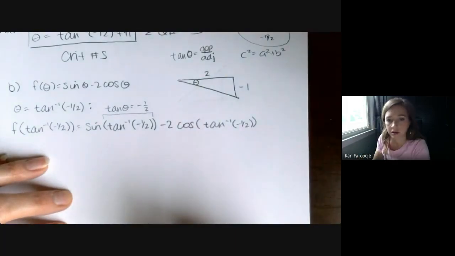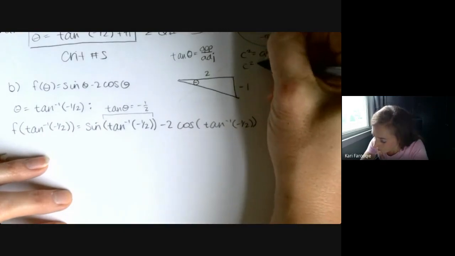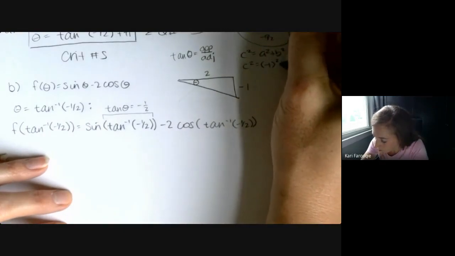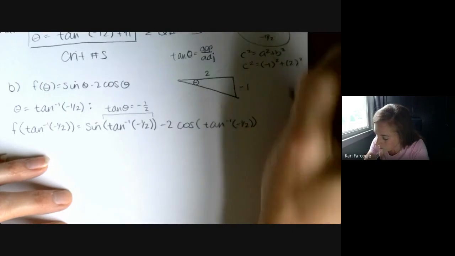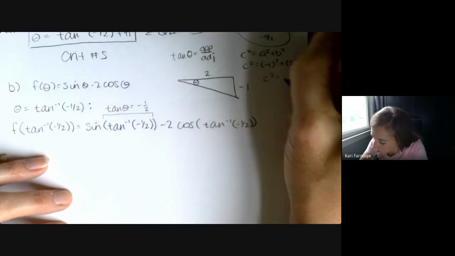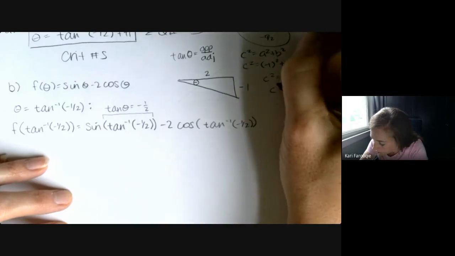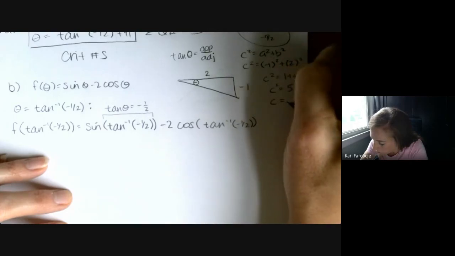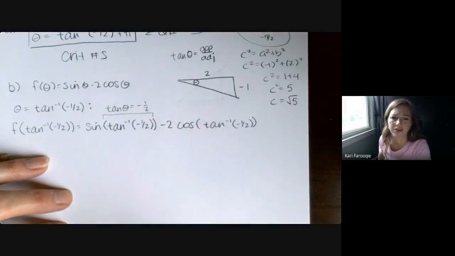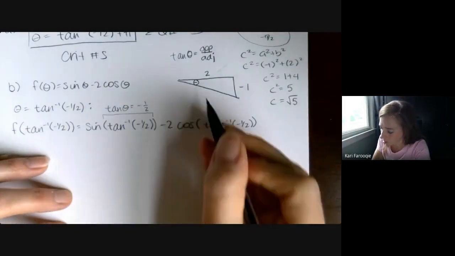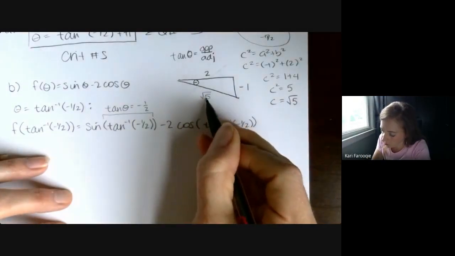Use the Pythagorean theorem. Negative 1 squared plus 2 squared. And you'll get c squared is 1 plus 4, which means c squared is 5, and c is the square root of 5. It's the hypotenuse, so we're just going to let it be the positive version of this.